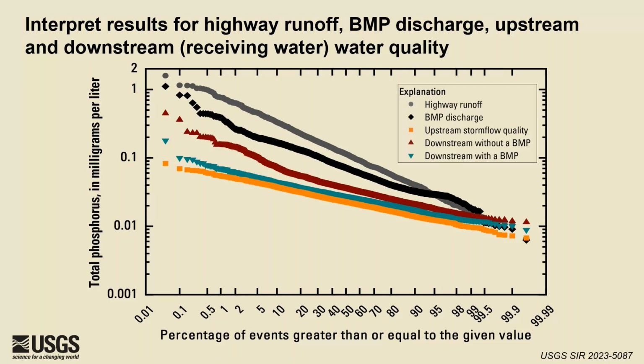So this figure is just meant to be an example to demonstrate the workflow of how you use the highway runoff database to get those statistics, and then run SELDM and end up with information and graphics about the risk of exceedances for a constituent of interest and the efficacy of stormwater treatment.